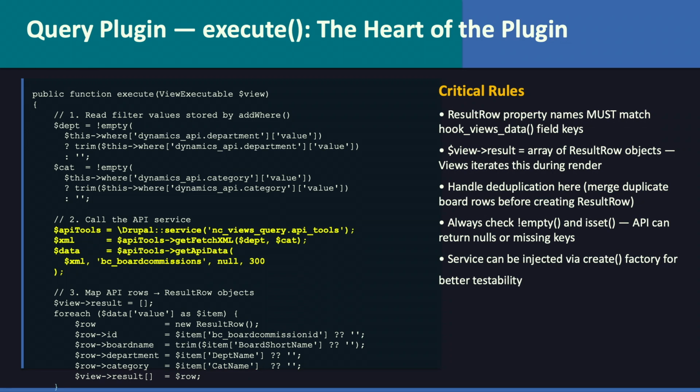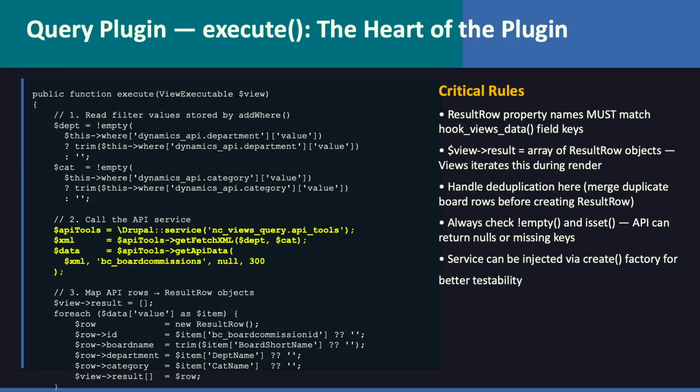Then we're making the call to the API service, where first we're creating API tools, referencing the service that we created earlier. And then we're calling the getXML function that we were talking about, where we formatted it in XML, passing in the department and category values from the drop-down menus.